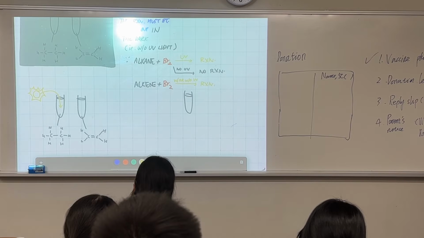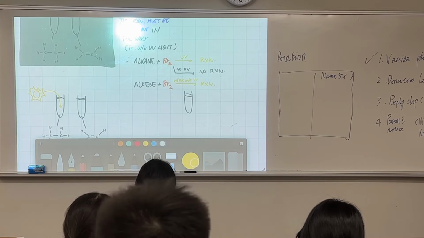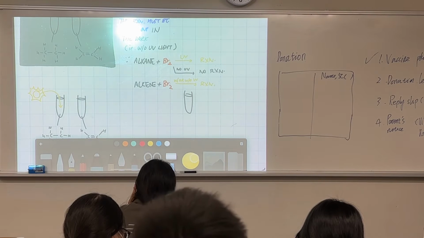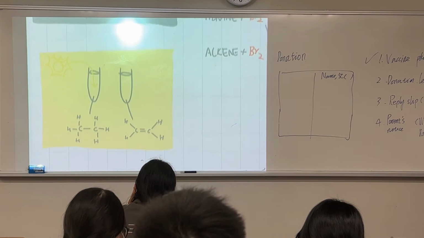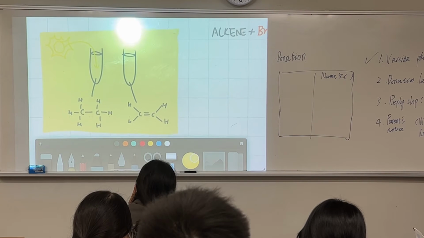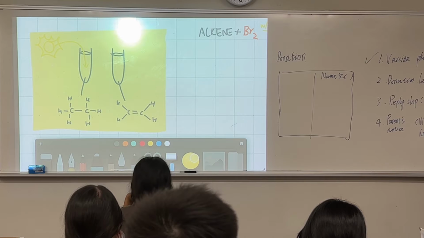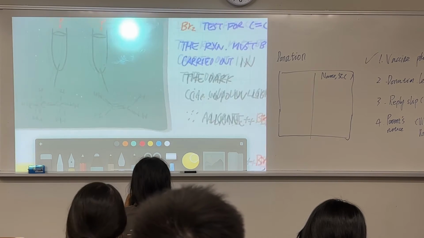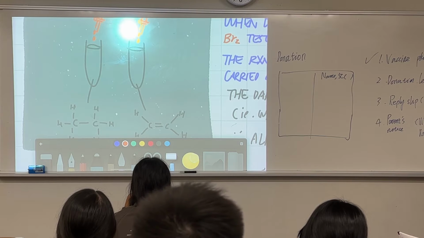But if you do it in broad daylight, like you see in here, what do you think will happen to the reaction mixture? Which one will turn colorless? Which one will stay orange? So in broad daylight, they will both turn colorless, right? But in the dark, which one will remain orange? Alkane.